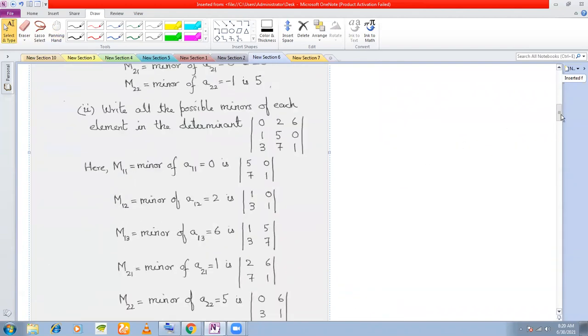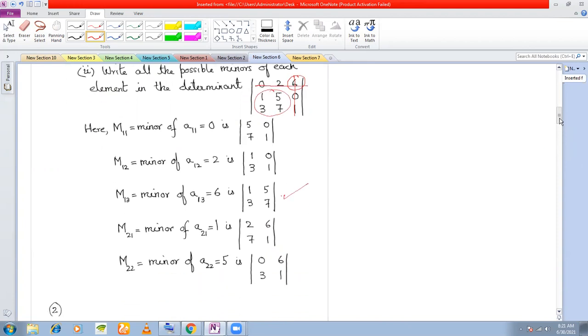Now suppose I want to evaluate the minor of this element here. I will hide this row and this column. I'm left with 1, 5, 3, 7. So this becomes my minor.